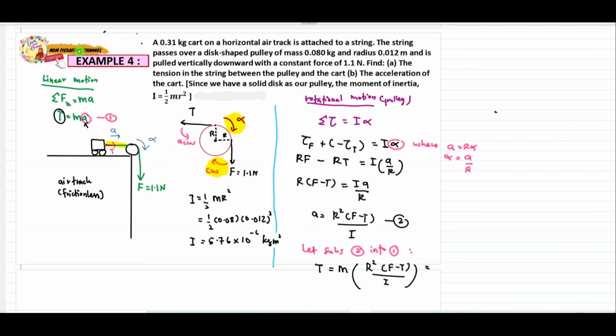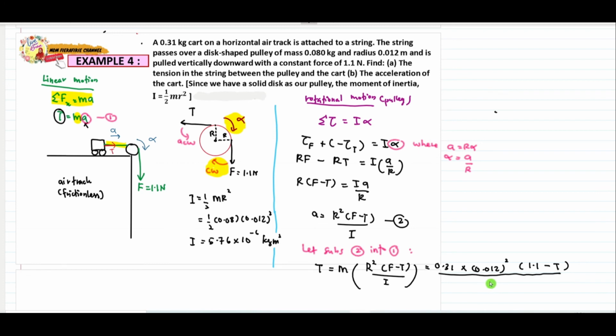T is equal to M, the mass of the card, because we are talking about the motion of the card. So small m here should be the mass of the card, which is 0.31 kg, times R squared, which is 0.012 squared, times F minus T, where F is 1.1 Newton minus T. I don't know T yet.